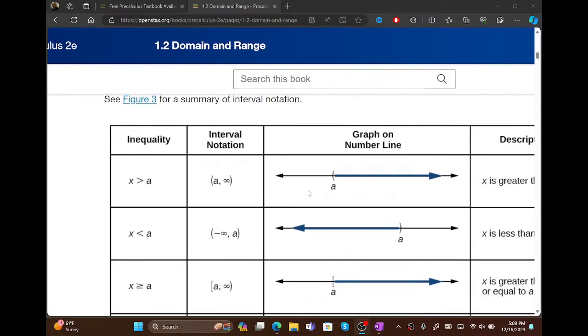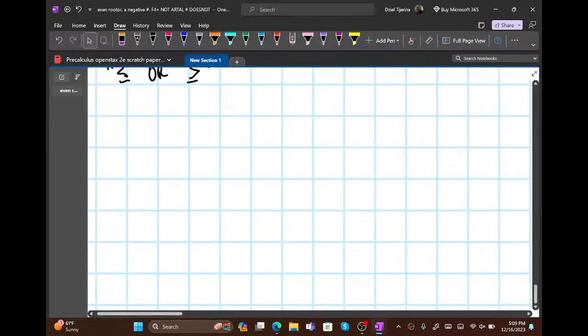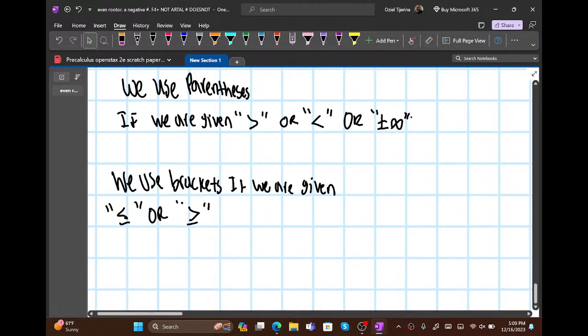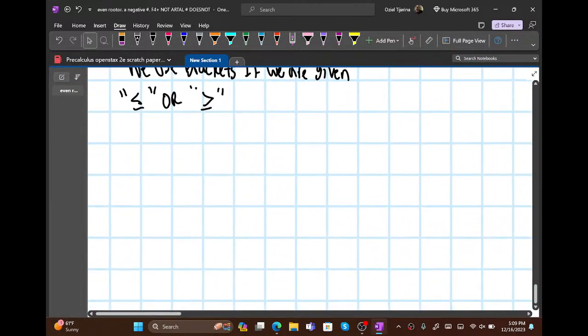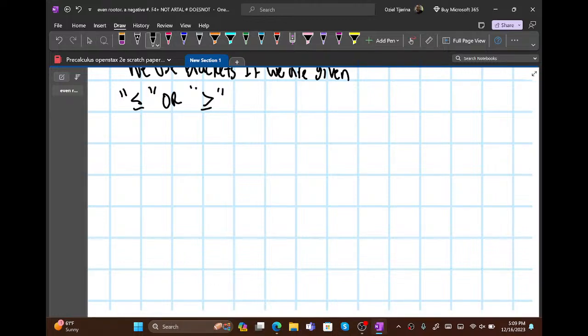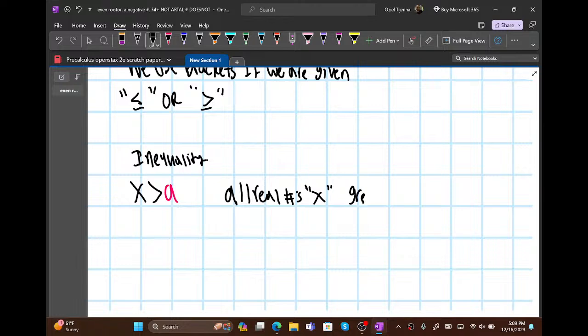So, in other words, if I am saying x is greater than a, this is my inequality. I'm saying all real numbers x greater than a.